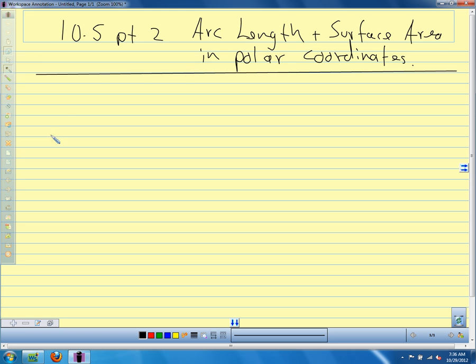So we said earlier, when we have parametric equations, our arc length S was the integral on whatever our interval was of the square root of dx dt squared plus dy dt squared dt, where x and y are some function of t, where t is our parameter.